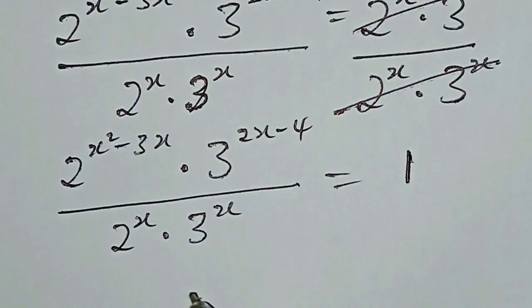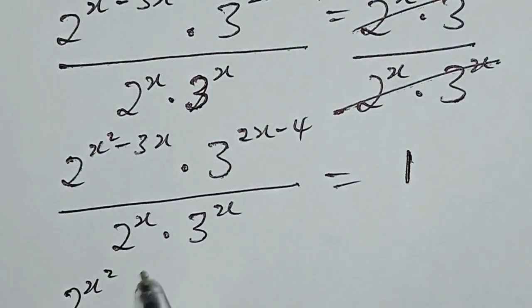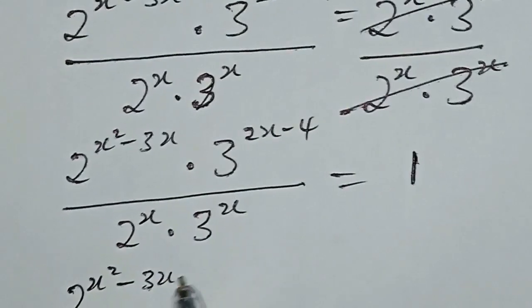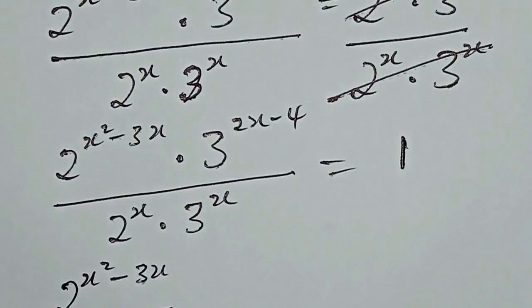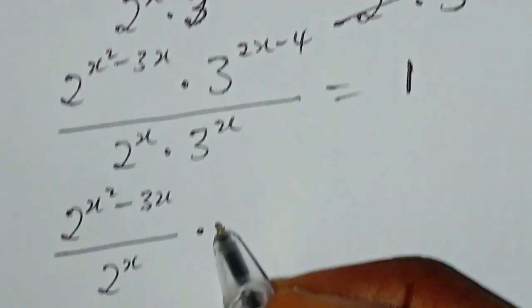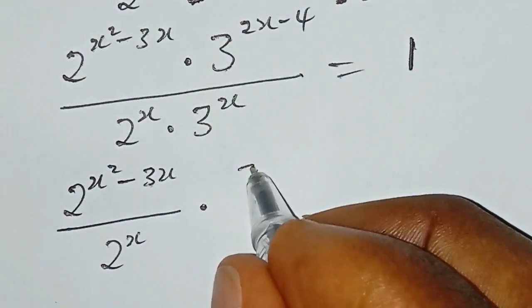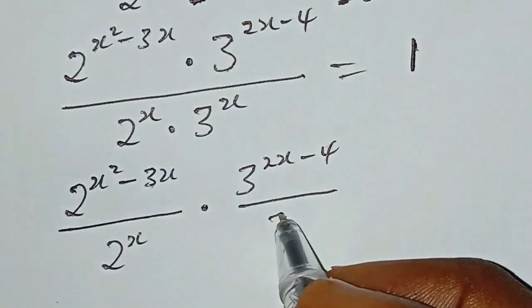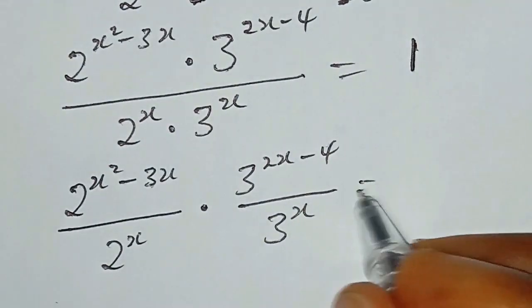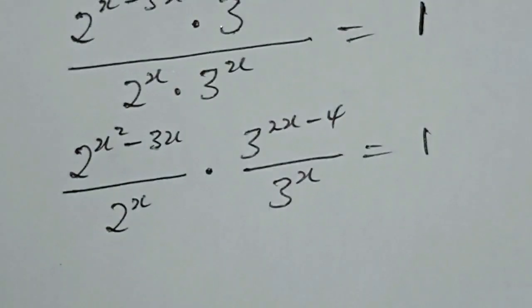Now here we put this in this form: 2 to the power of x squared minus 3x over 2 to the power of x, then multiply by 3 to the power of 2x minus 4 over 3 to the power of x equal to 1.